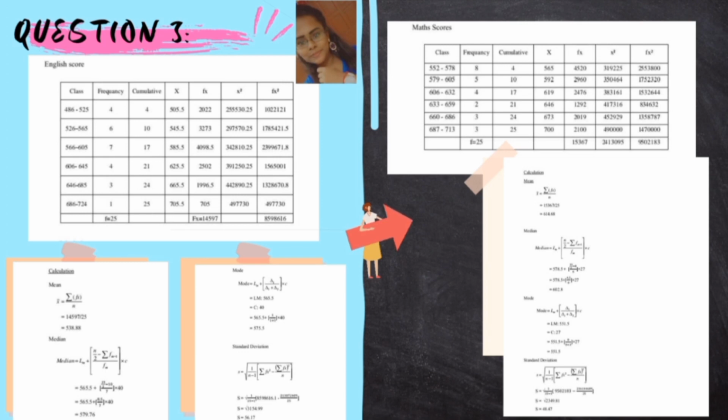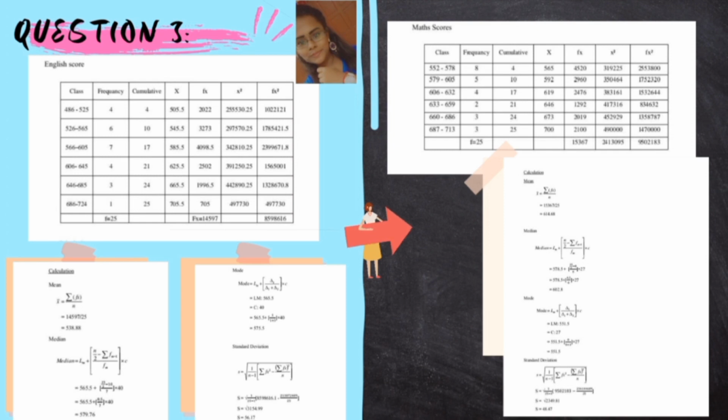For Math score, the median value is 602.8. Mode is about the data entry that occurs with the greatest frequency number. The mode value for English score is 575.5. As for Math score, the mode value is 551.5.